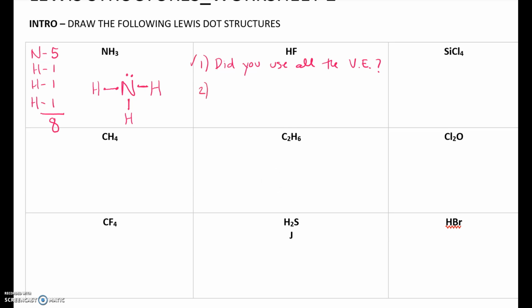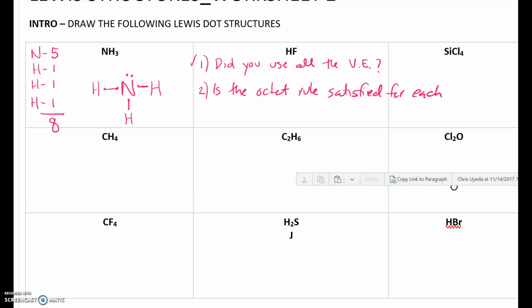And the second rule is, is the octet rule satisfied for each atom?